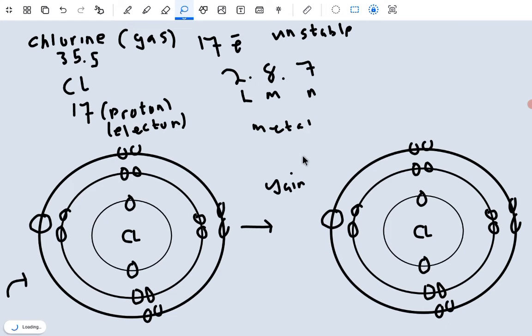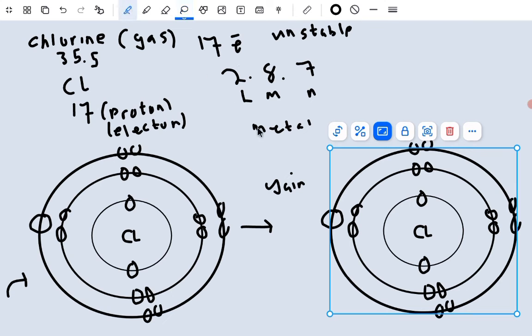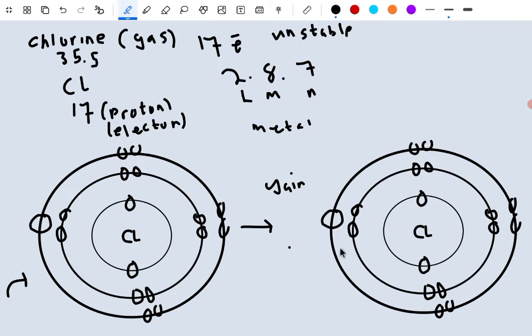So it has to gain 1 electron. The electron that is going to be gained will just come here. Making the electrons now here, it's now going to be 2, 8, 8. Count them, 1, 2, 3, 4, 5, 6, 7, 8. So there are 8 here.